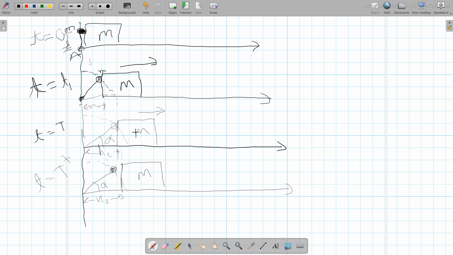Now at this point, I am taking the free body diagram of both figures.